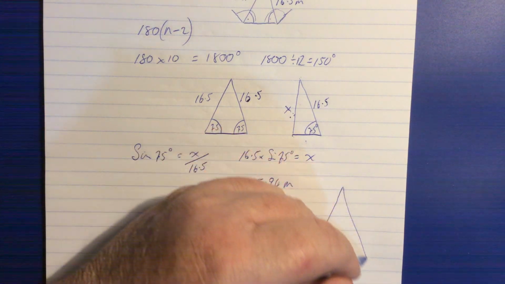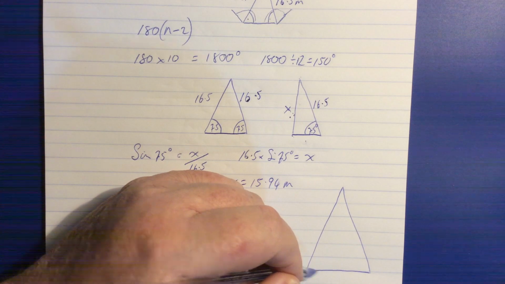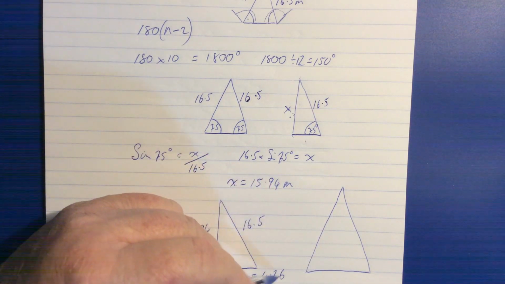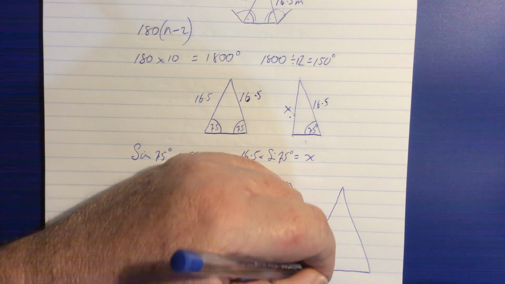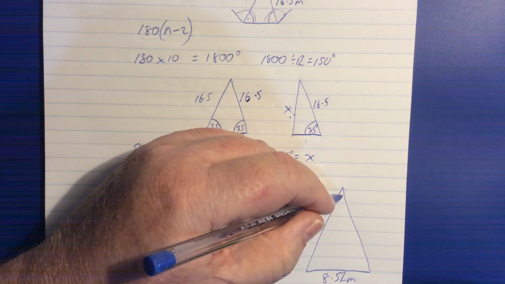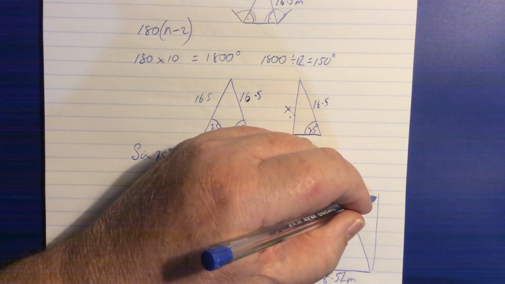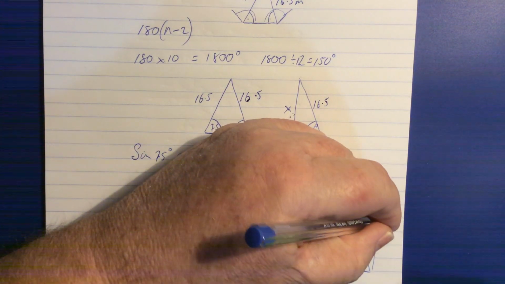Now, one more triangle. What we know is that the base here will be twice this, so I'll multiply that by 2, and I get 8.52 millimeters. The height of this is 15.94.